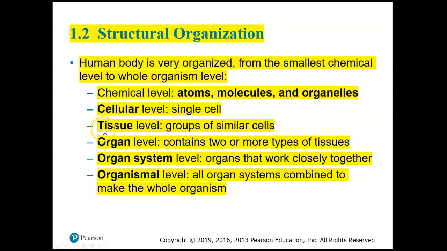Several tissues organized together into a structure that has a function, so two or more tissue types, would be an organ, and then several organs that work closely together is an organ system. The human body has 11 organ systems, and all of those organ systems together make up the organism.